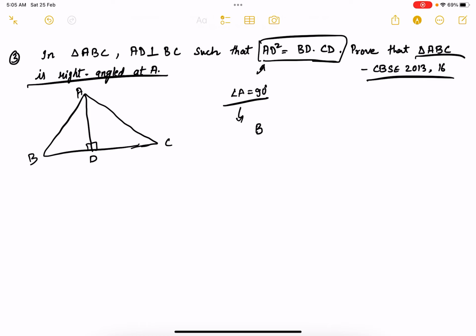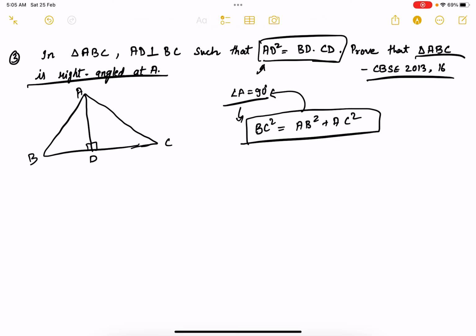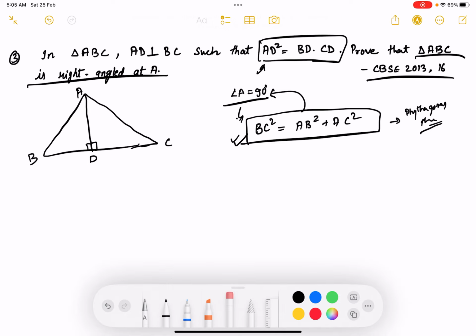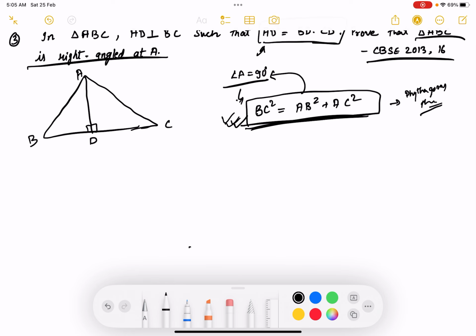If somehow we can prove that BC square is equal to AB square plus AC square, then we can say that triangle ABC is right angled at A. It is the converse of the Pythagoras theorem. So let's try to do this.